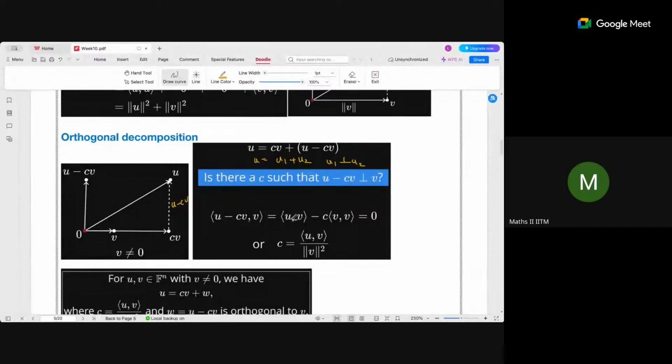So u minus cv is orthogonal to v, and when we split the inner product, this equals 0. So inner product u comma v minus c times inner product v comma v equals 0, and bringing the negative to the other side, c is equal to inner product u comma v by norm v square.